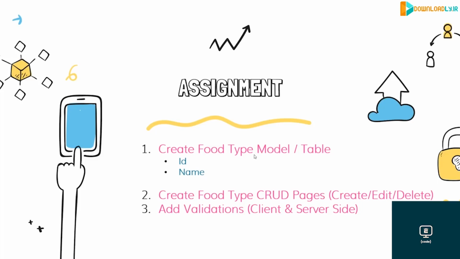This will be a recap of everything that we did, but this time you will be making modifications in multiple projects as compared to everything in a single project because now we have entire architecture. This should be pretty quick because it is exactly same as what we did with categories, but this time we only have two properties, ID and name.